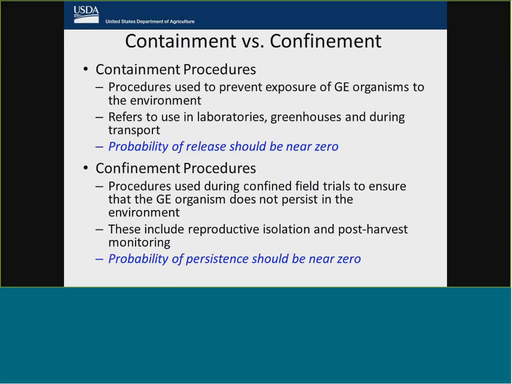Confinement, on the other hand, for us means procedures used during field trials to ensure that the organism does not persist in the environment. So these include some of the reproductive isolation and post-harvest monitoring requirements that I discussed earlier. And here what we're aiming at is a probability of persistence that should be near zero.